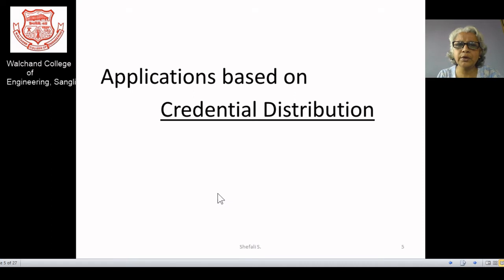So we need to have certain applications with this, which consider credential distribution. So what exactly is the meaning of credential distribution? I would like to give a couple of projects for you. For example, in a bank, let the account holders have a joint account.